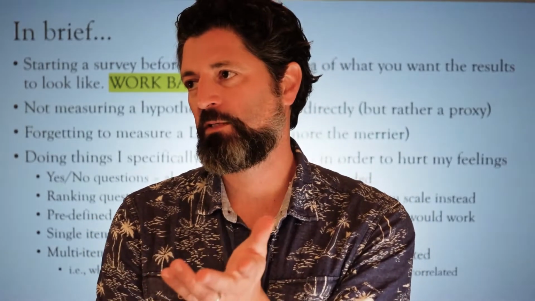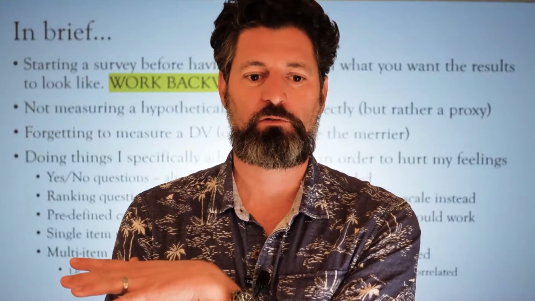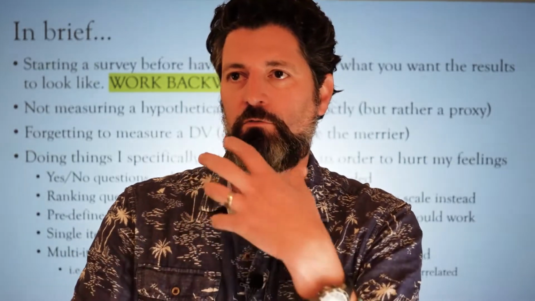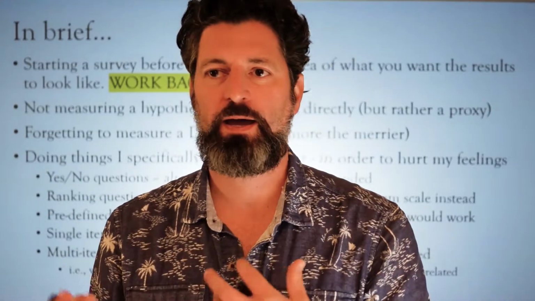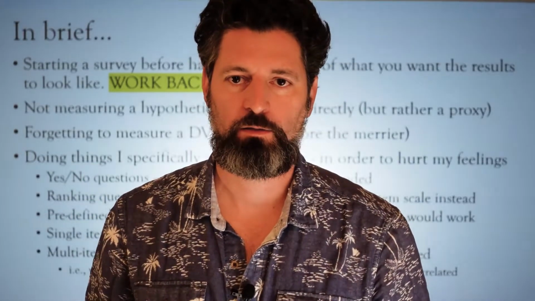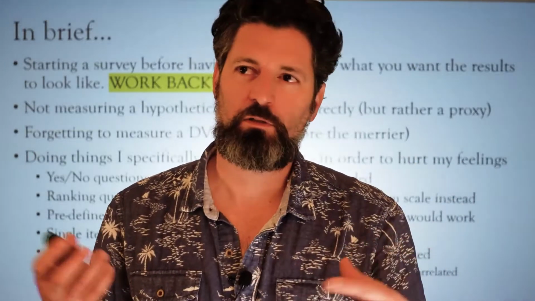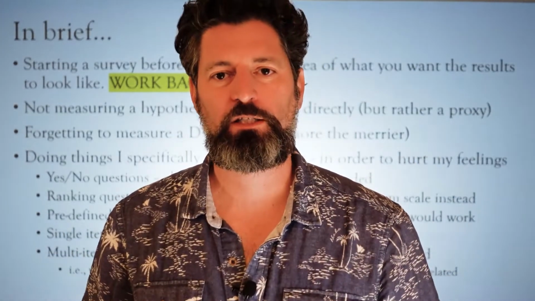So an example from one time was a student who was interested in how people's relationship with religion impacted how early they wanted to get married. And she wasn't quite sure how to get her head around a relationship with religion.